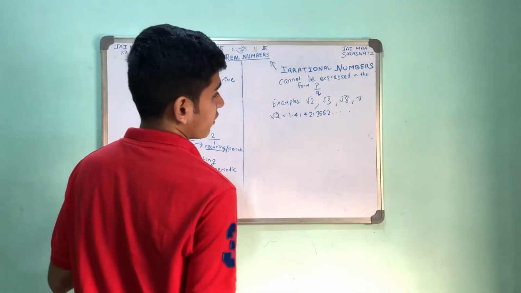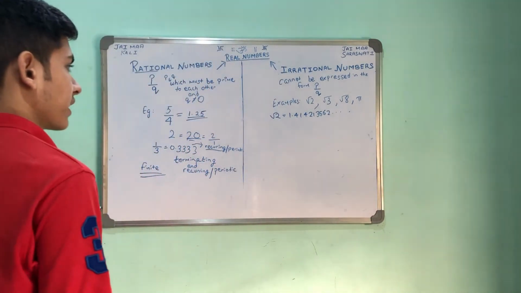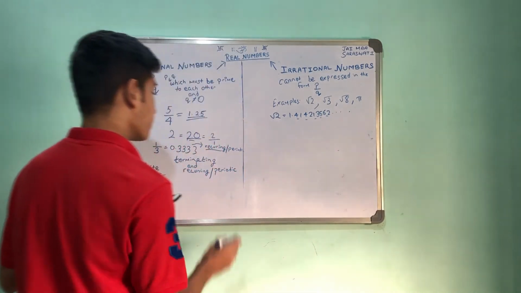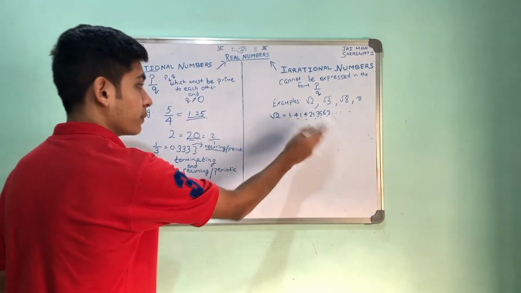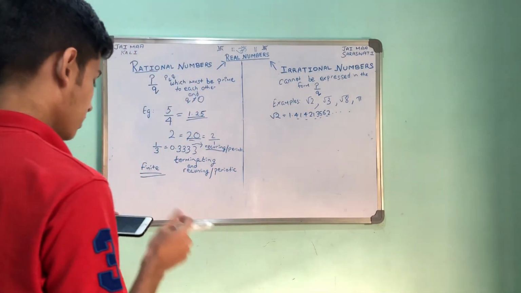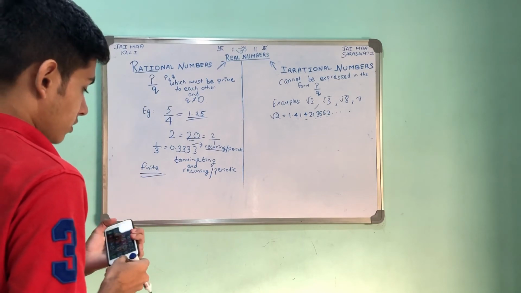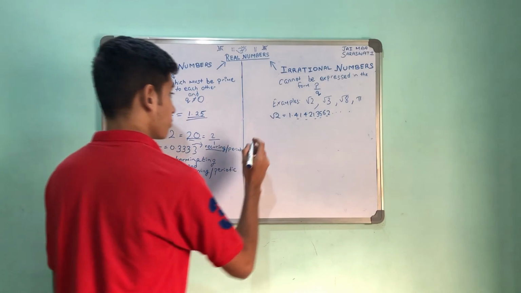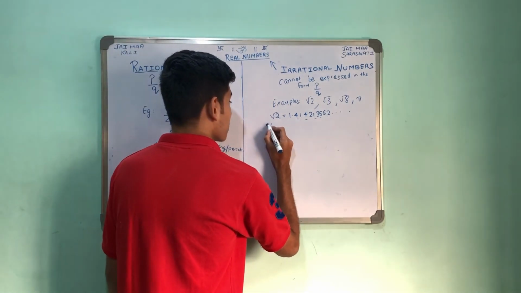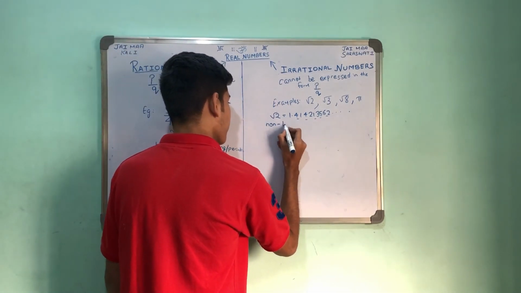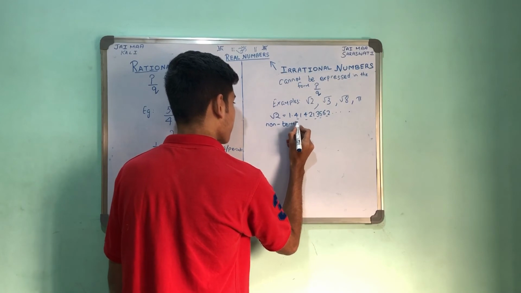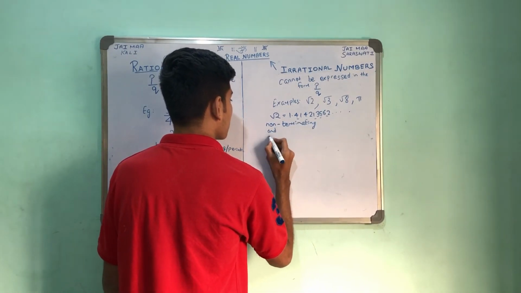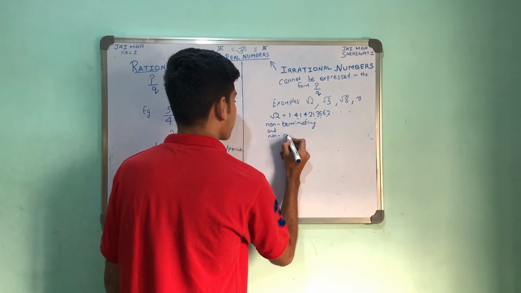This can never terminate, it does not end anytime. The number keeps changing, so it's not periodic, it's not repeating. So this is an irrational number. So irrational numbers are those numbers which are non-terminating and non-recurring.